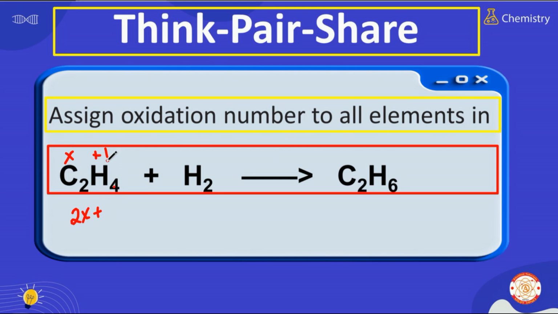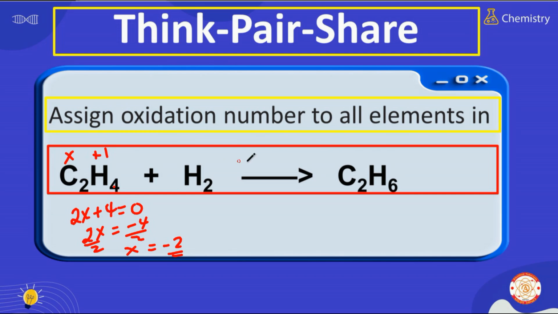Plus 4 times +1 is 4. And this should be equal to what? Because this molecule is a neutral molecule, the sum of the oxidation states of carbon and hydrogen should sum up to 0. Therefore, 2x equals -4, over 2. Therefore, x is -2. So the oxidation state of carbon in this case is -2.